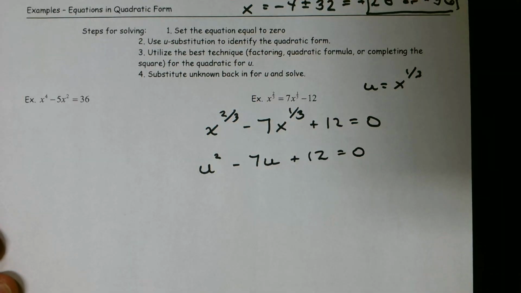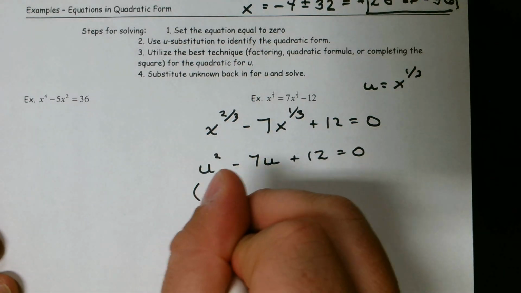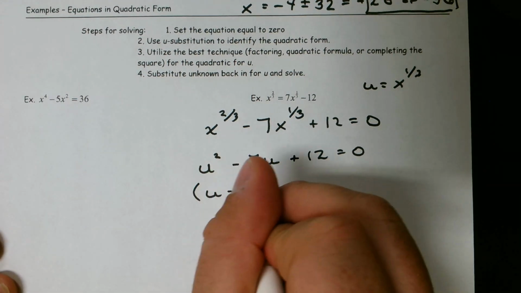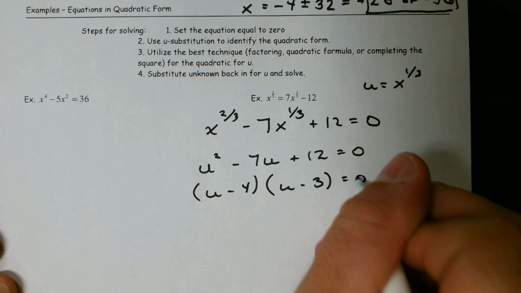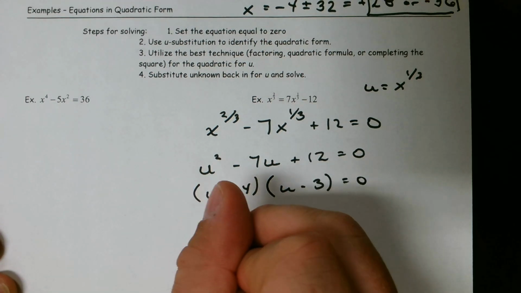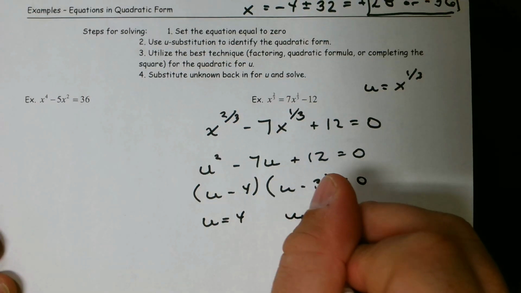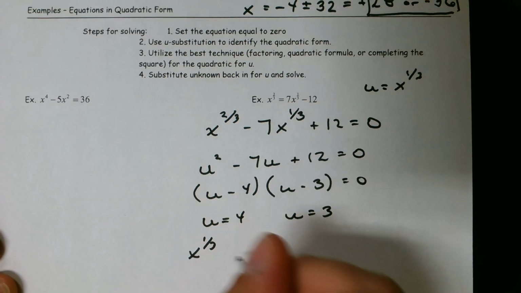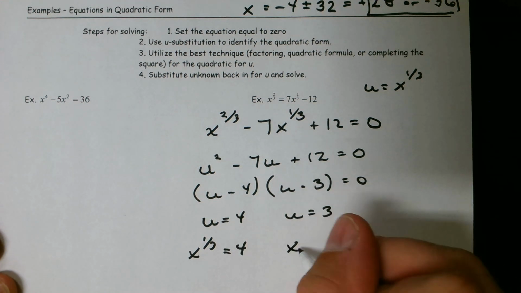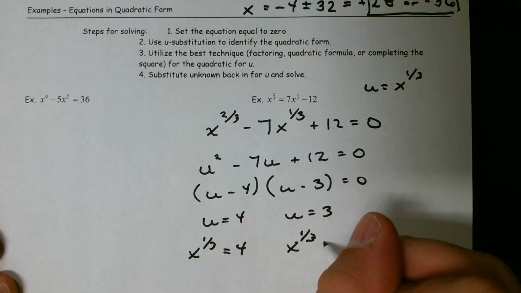Now all of a sudden this is pretty cool, I can factor this. So (u minus 4)(u minus 3) equals 0, product property, u equals 4, u equals 3. Back substitute, so x to the 1/3 equals 4, x to the 1/3 equals 3.